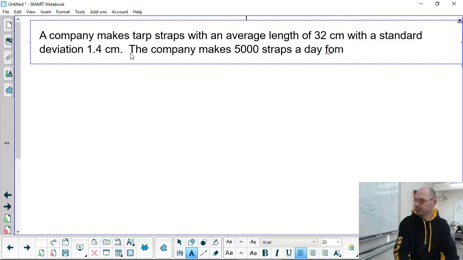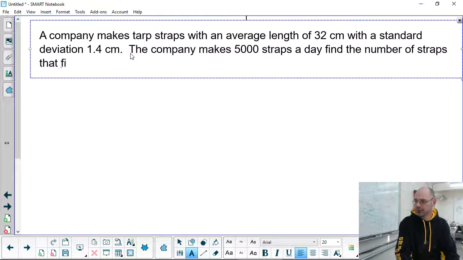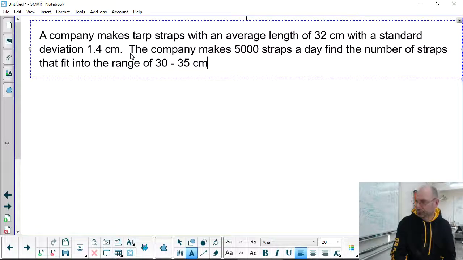Find the number of straps that fit into the range of, let's say, 30 to 35 centimeters, is what they need. Okay, so that's a good one there.